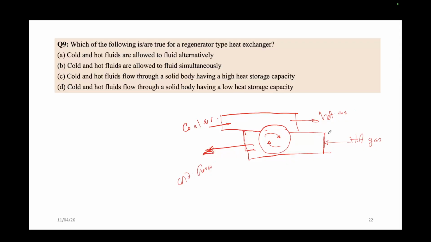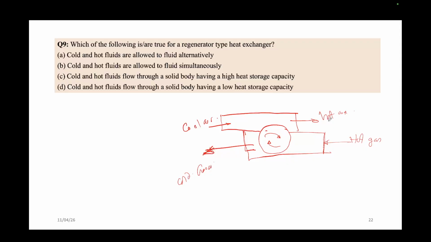Maybe initially, once the hot gas is flowing, it will start to gain this energy through this mechanical form, and once it gets a certain amount of energy, then if you give the cold air, it starts to convert it into hot air.